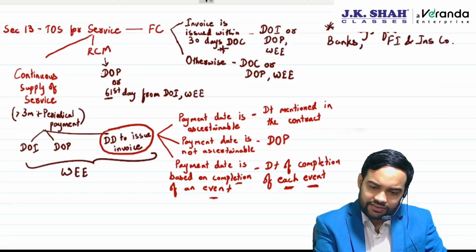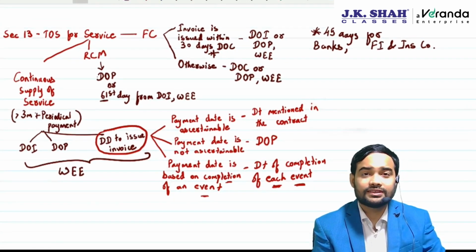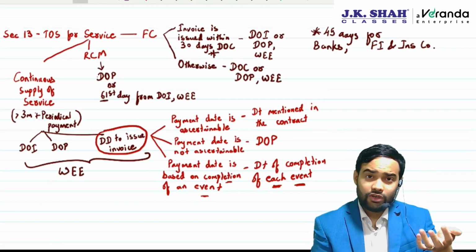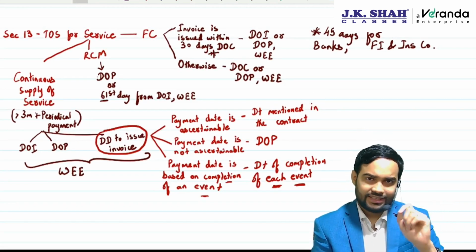So for these 3 we use 45 days and we don't use 30 days. So a higher time limit is given because of the volume of transactions which banks, financial institution and insurance company deal with. That's the first point.